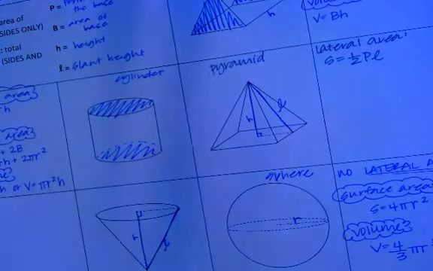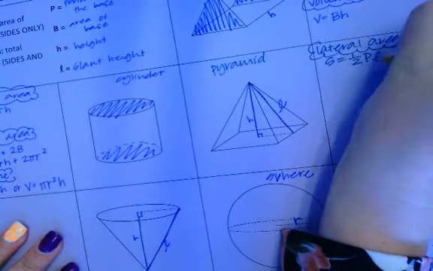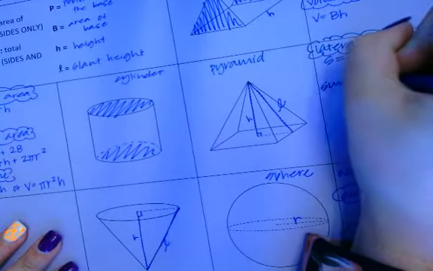Capital P stands for? Perimeter of the base. Very good. Okay, that's our lateral area. Okay, our surface area.